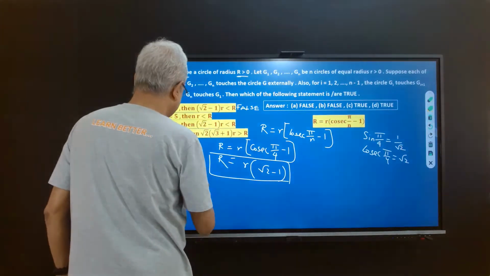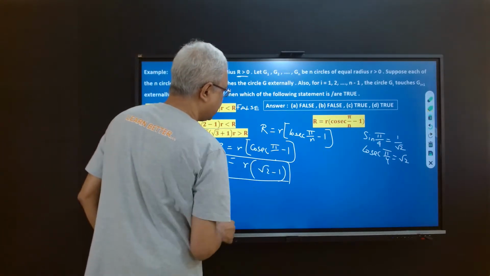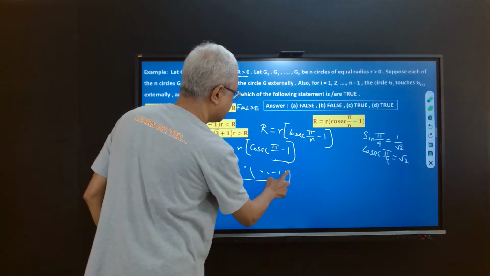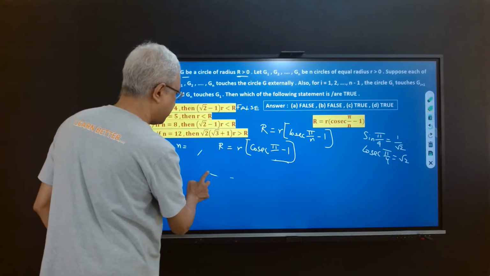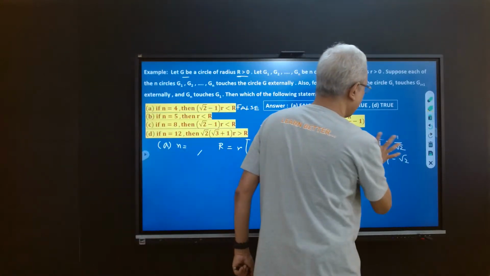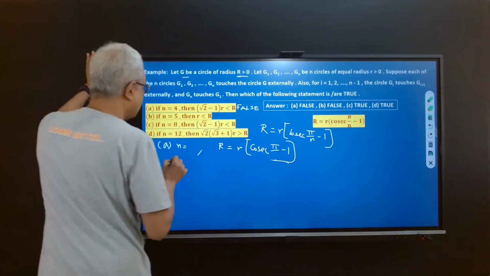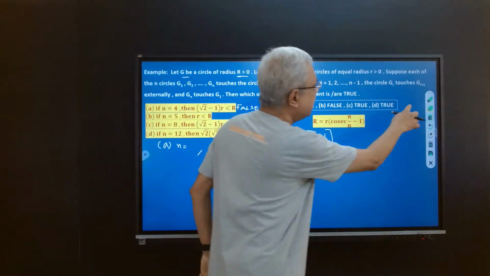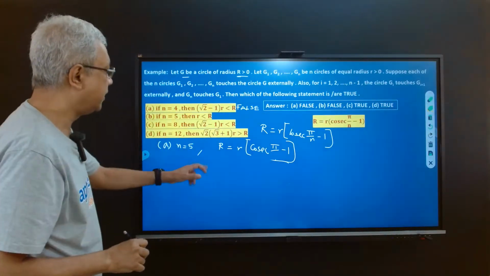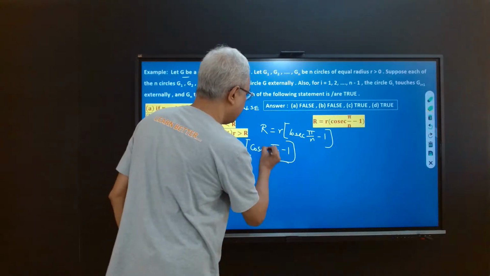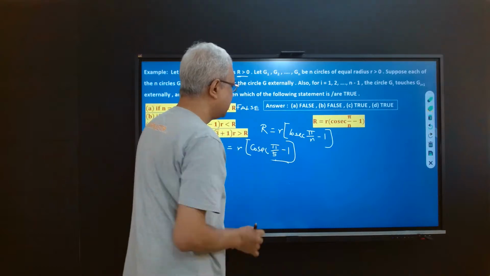So what is that? n is 5. Let me remove all these things. So this is the base formula. We are using this formula. Now n equal to 5, so it becomes R equal to r cosec pi by 5 minus 1.